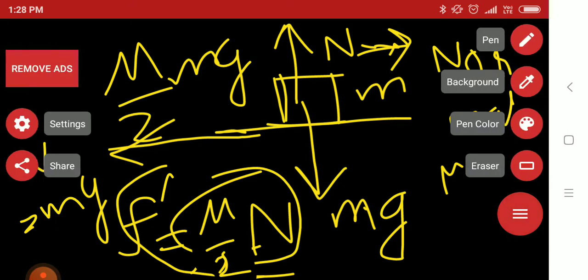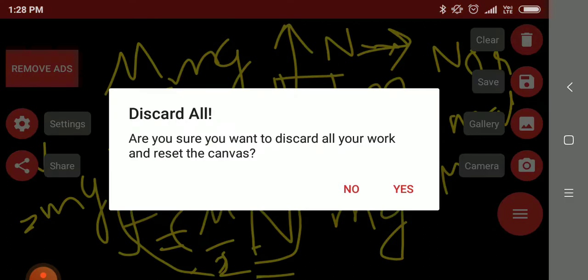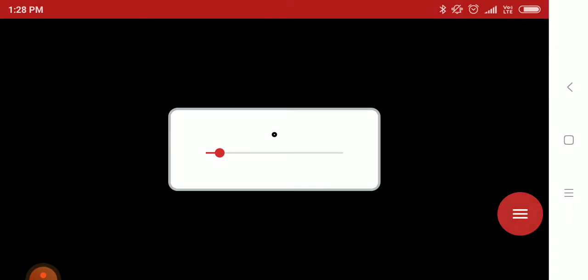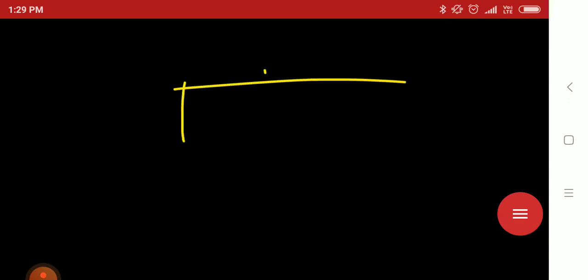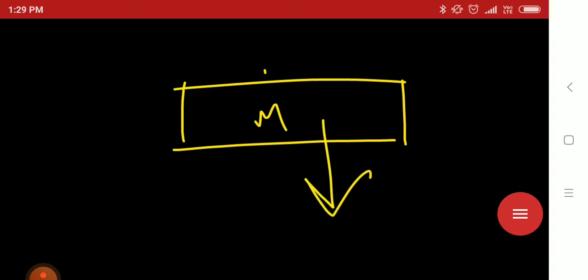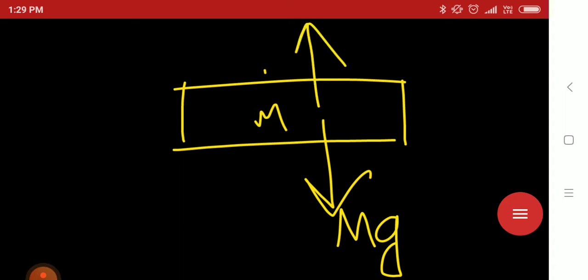So let's write the parameters for capital M mass also. For capital M mass, the Mg is acting here, capital Mg, and the normal is always here N prime, but you have small mass here also.